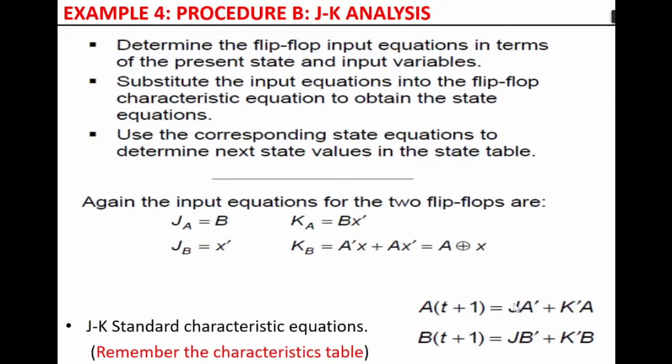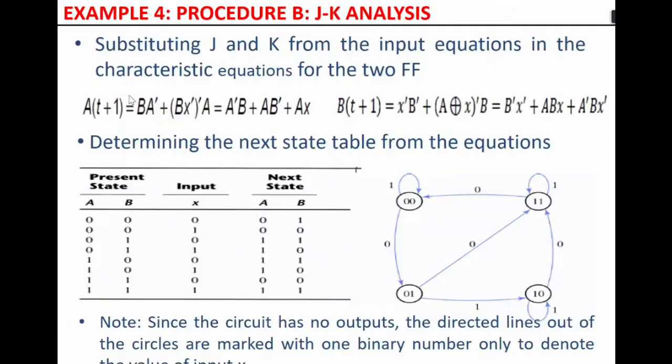JA is B, so here you will have B. KA is BX complement, so here you will have BX complement times A. For flip-flop B, JB is X complement, plus KB, that is that, times B, the output. Once you substitute, you will get that. And then you have your table with the combinations, and you can get the next state from these equations.